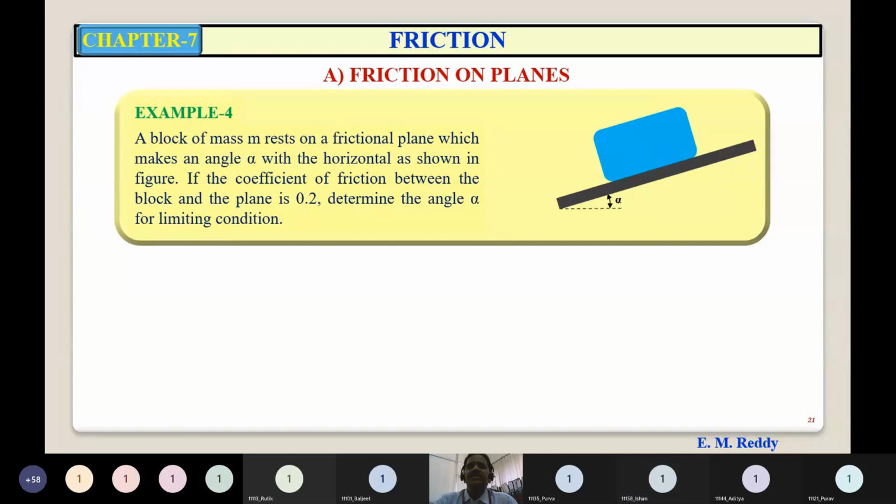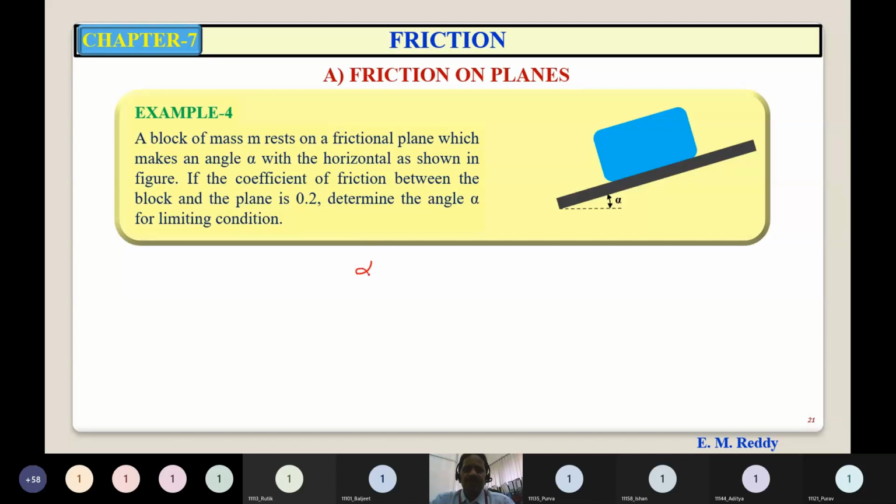So for the limiting condition, you can draw the FBD. When the block is impending its motion down the plane under its own weight, the angle made by the plane with the horizontal is known as the angle of repose.